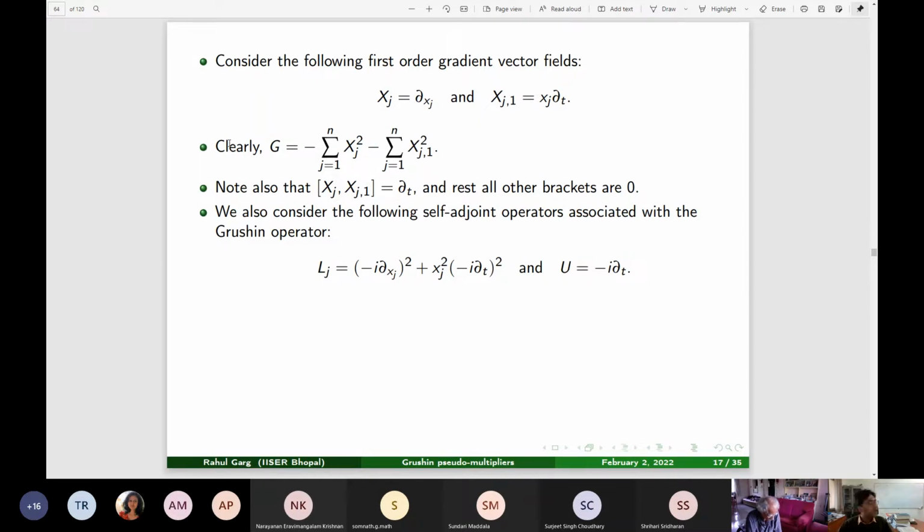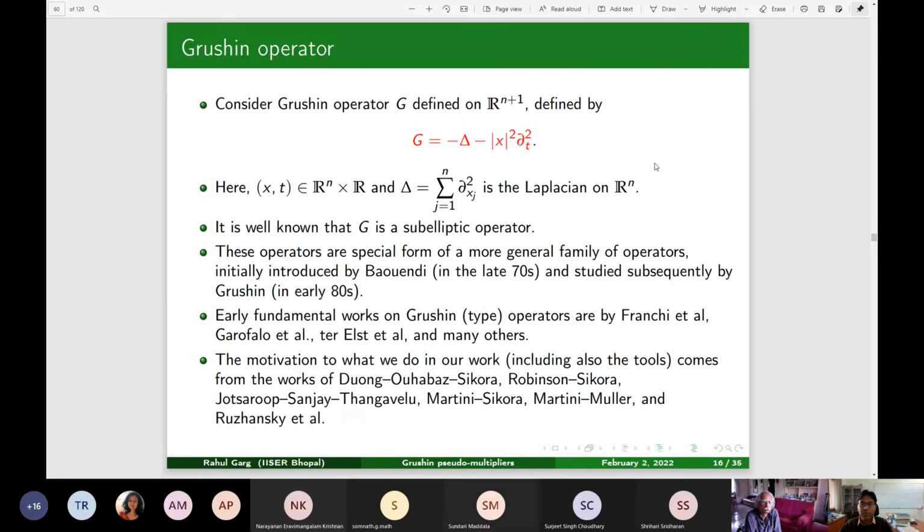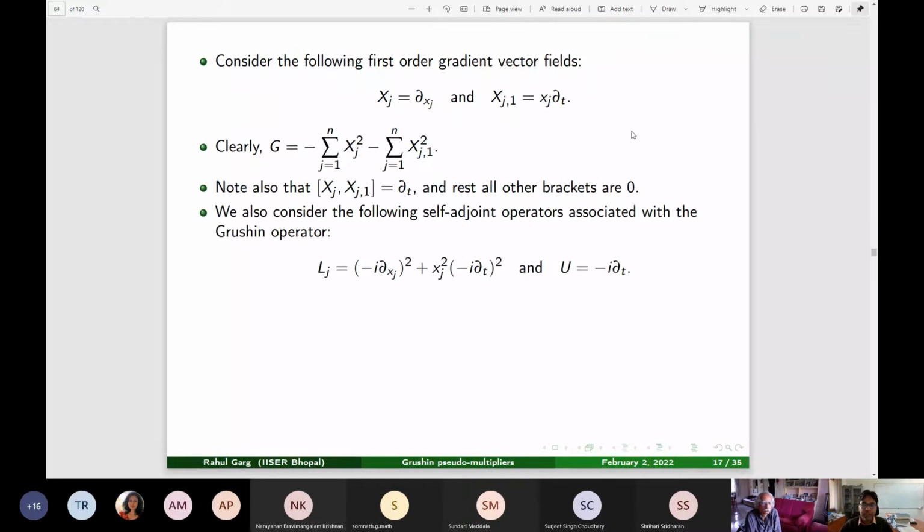Now I also want to introduce joint functional calculus. So what I would do is I will go back to this and I will break it into sum of squares, right? I will pick one variable at a time. The operators I'm mentioning are del xj squared and xj squared, and I'm writing minus i here for a reason, just to show that we have self-adjointness. And I also take this last variable, the central variable operator del t, with minus i once again to make it self-adjoint.